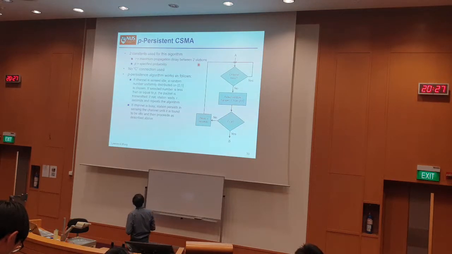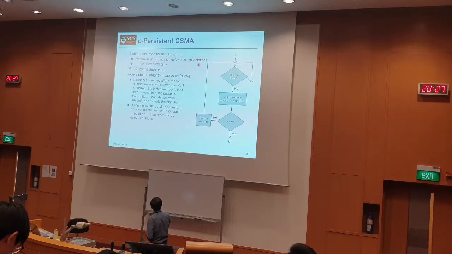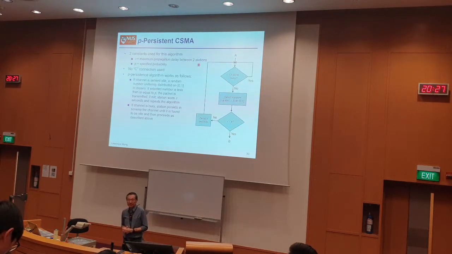If the selected number is less than or equal to P, the packet is transmitted. If not, the station waits tau seconds and repeats the algorithm. If the channel is busy, the station persists in sensing the channel until it is found to be idle and then proceeds based on the above.